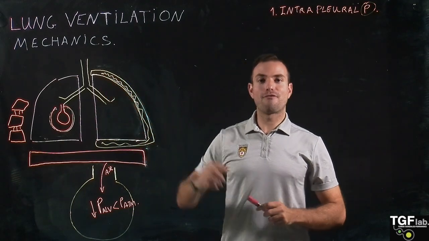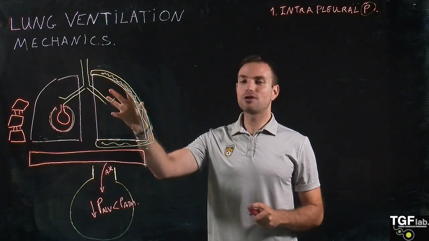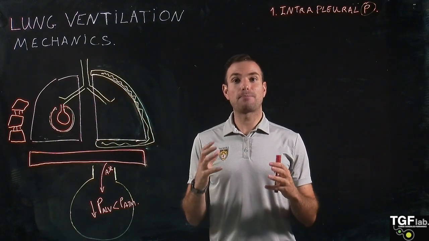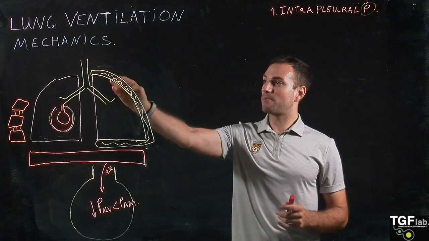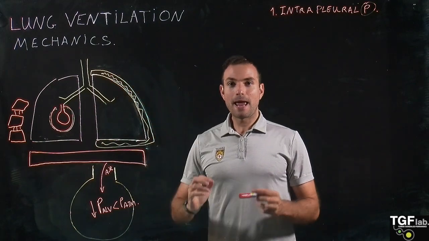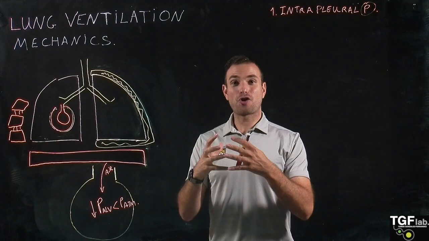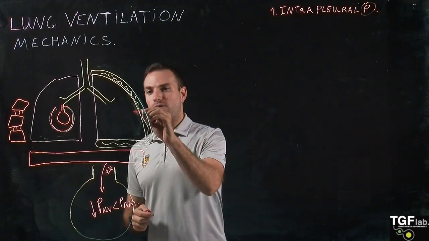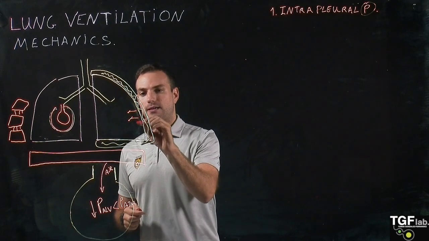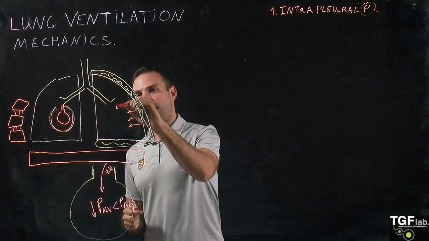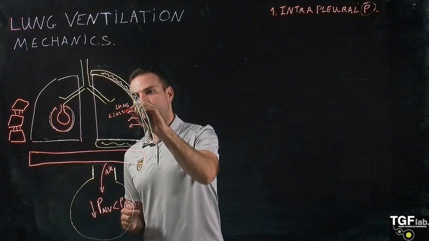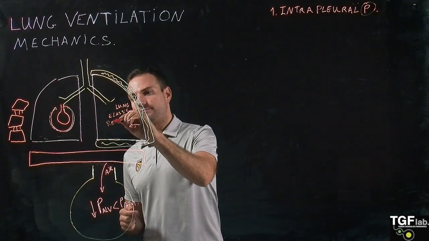Remember from the previous lecture that the lungs are surrounded by two pleural membranes, the visceral pleura and the parietal pleura, and these two membranes are filled with water. They are going to experience two opposing forces. One force in this direction is the lung elastic recoil.